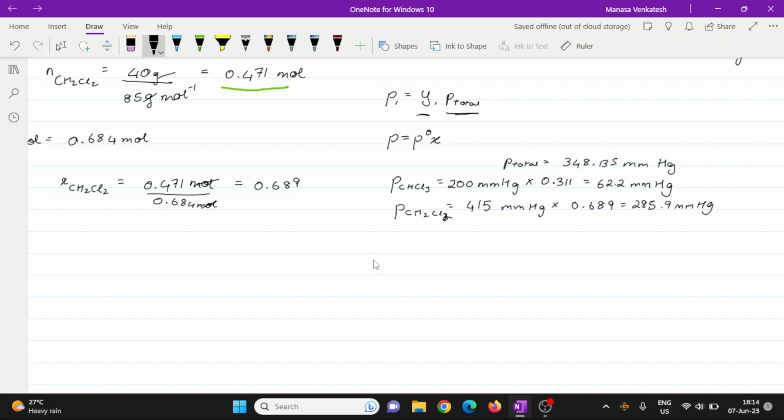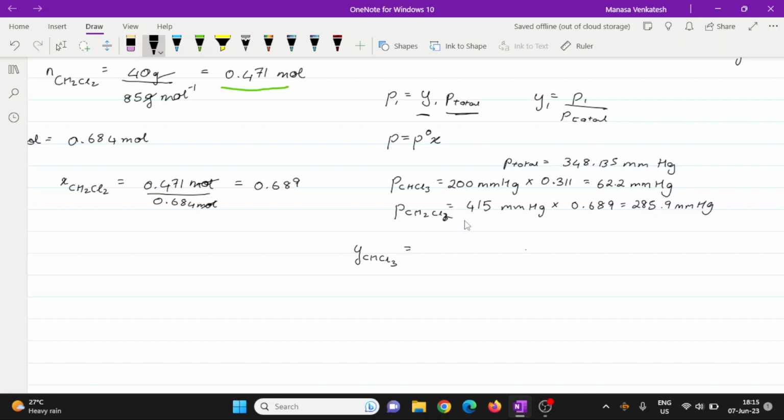Basically, it's just substituting into the equation. So Y of CHCl₃ will be equal to P total, oh, I'm sorry. Let me write the equation here for myself. So Y will be equal to P1 divided by P total.